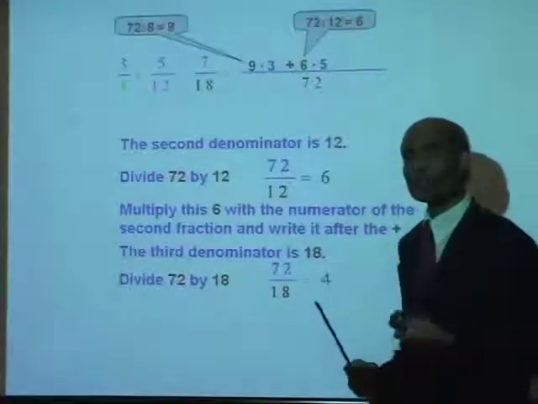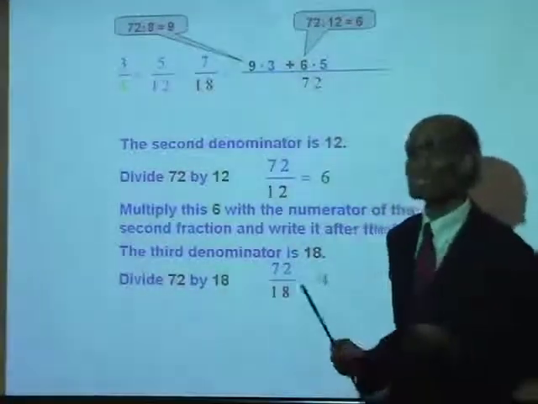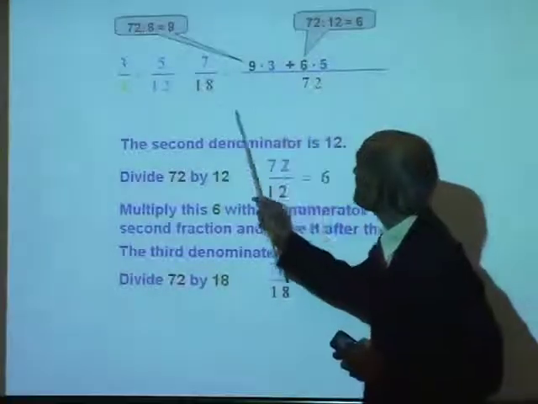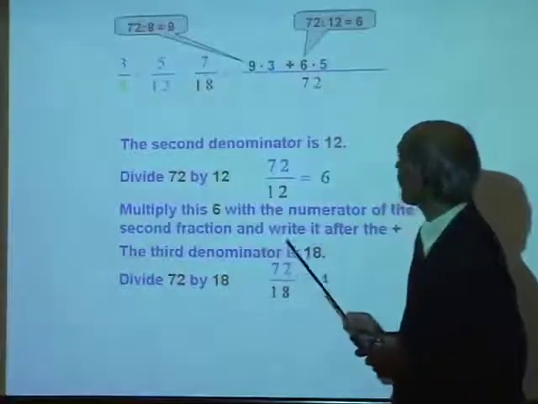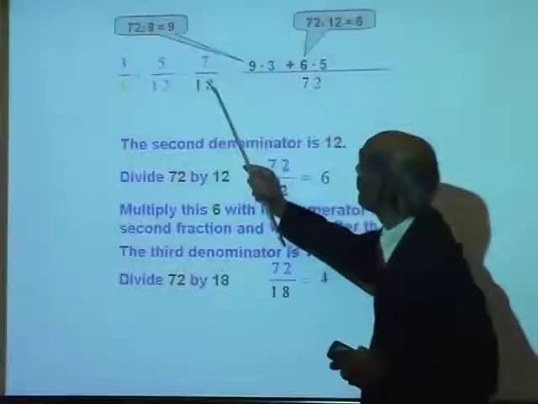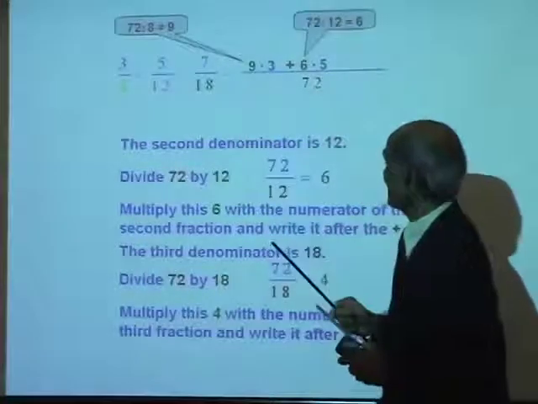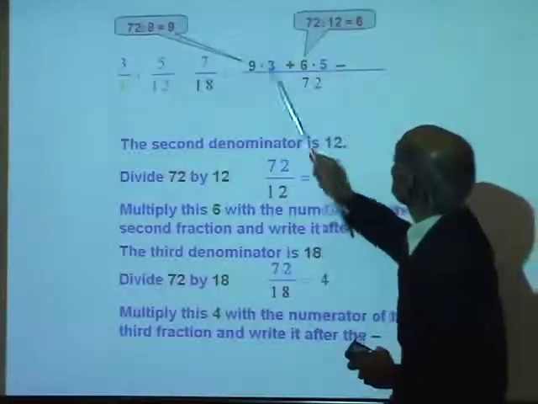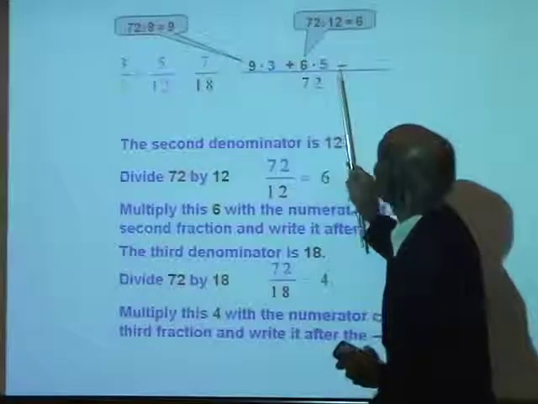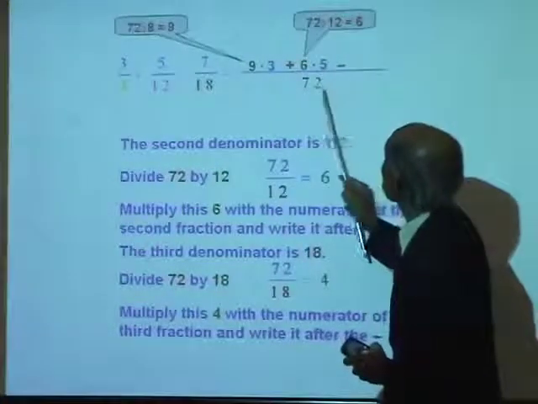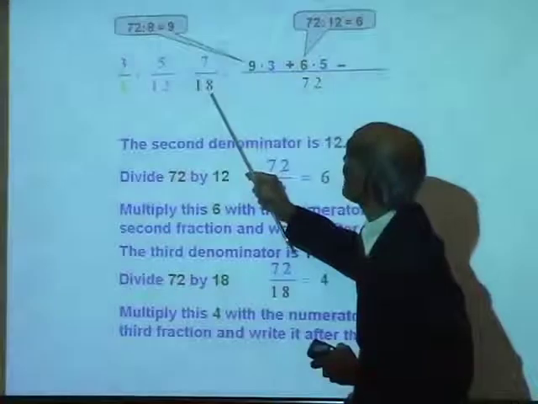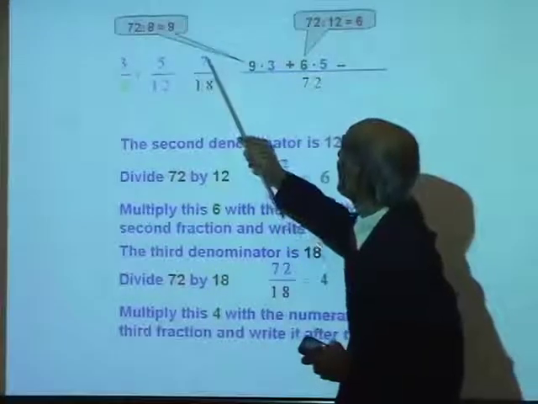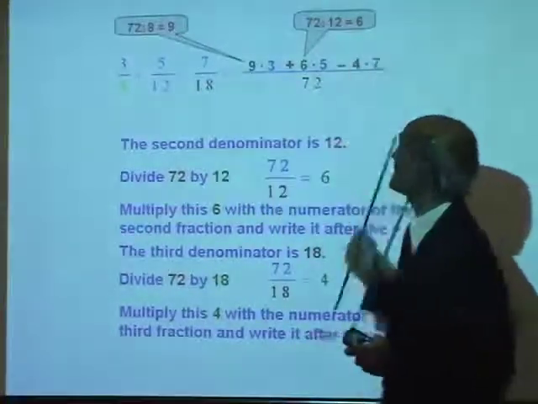Isn't it 4? 18 times 4 is 72. So 72 divided by 18 is 4. What do we do with that 4? Multiply with that 7. So you have that negative there. And what comes after the negative is 72 divided by 18 is 4. And 4 multiplied by 7.